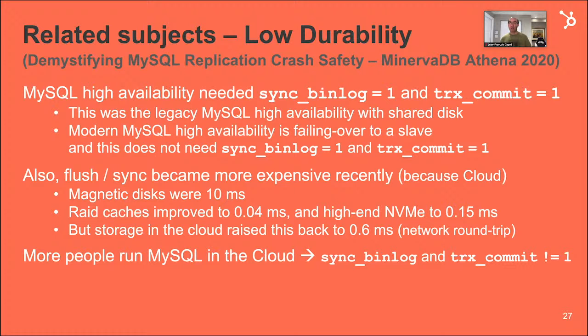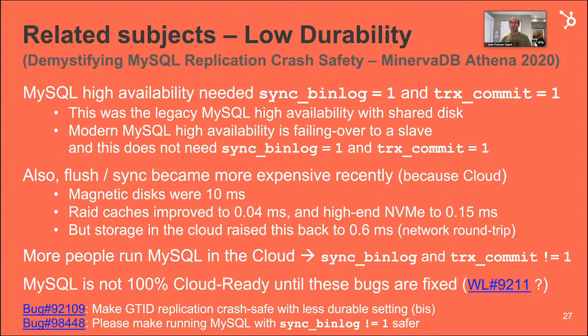So in the cloud, running with sync bin log and trx commit equal 1 is not super fast. So a lot of people in the cloud are running MySQL with sync bin log equal 0 and trx commit equal 2. So yet again, we go back to needing GTID and reliability without sync bin log equal 1.